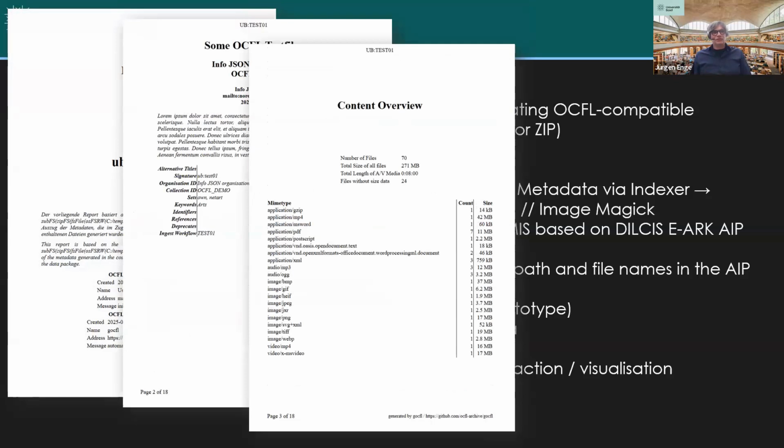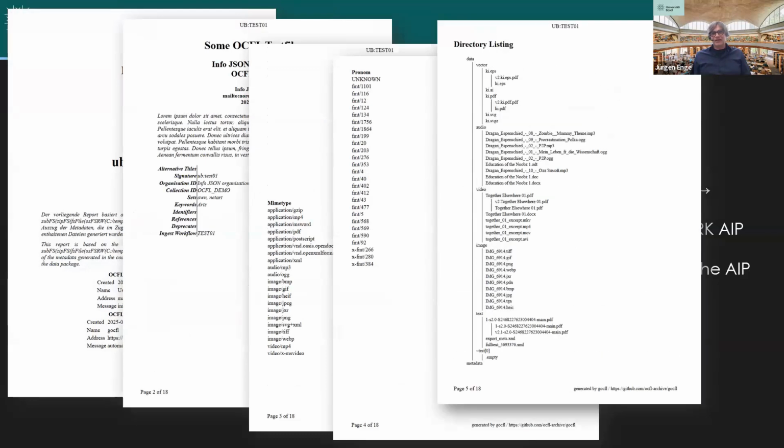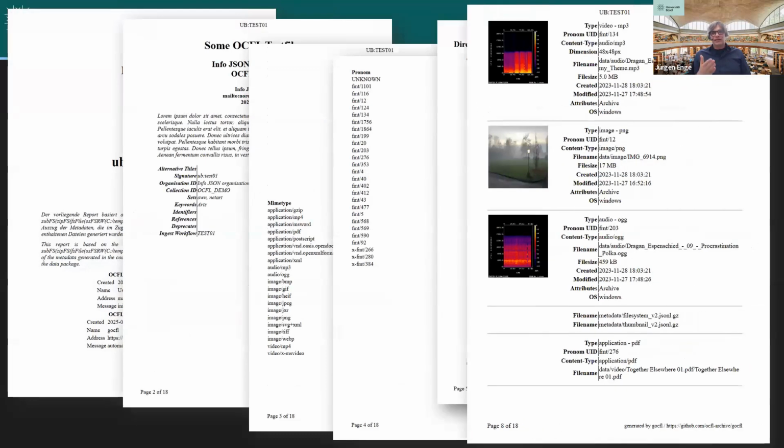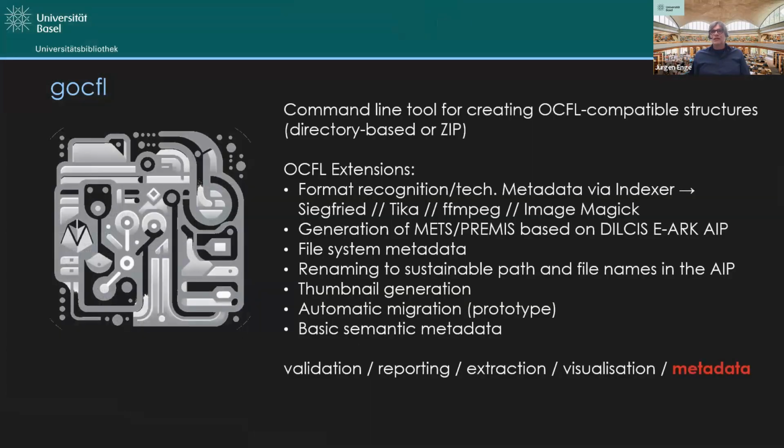We can see which MIME types we have, which PRONOM IDs we have, and the file structure. And here we can see why we need our thumbnails. So it's a quite nice looking overview of what's inside our archival object. This is quite usable for research data because it can be attached to the report of a research project directly. And it says, hey, I have a good data object, and you can see what's inside.